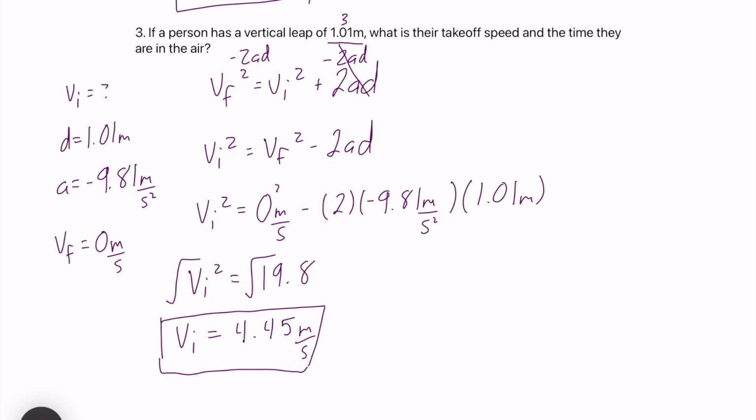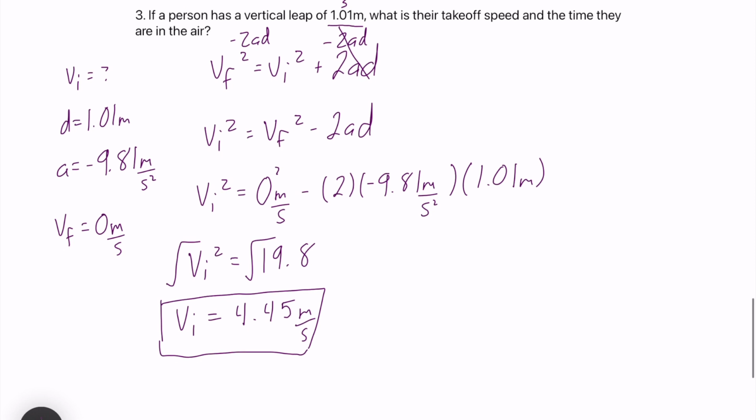Okay, so that's part 1. We have found the takeoff speed of this person. Now we need to find the time that they are in the air. Okay, so let's just draw a quick diagram here. This is going to be not a great drawing, but that's okay. So we have the ground, and this person jumps off the ground.